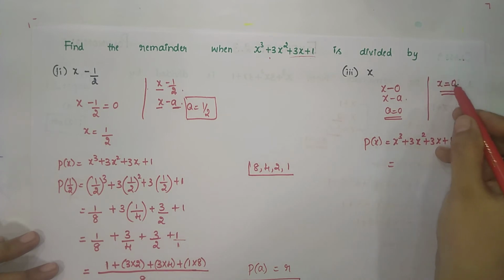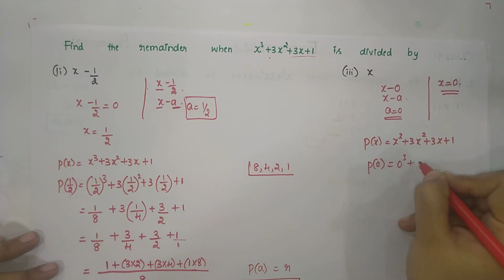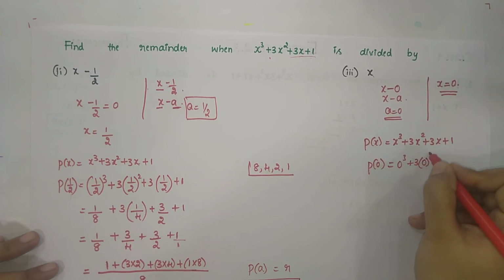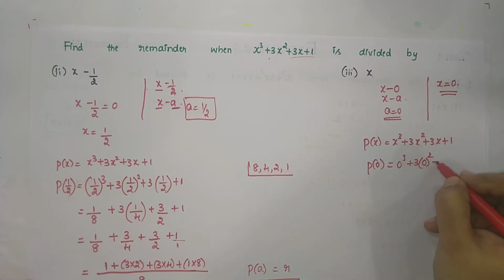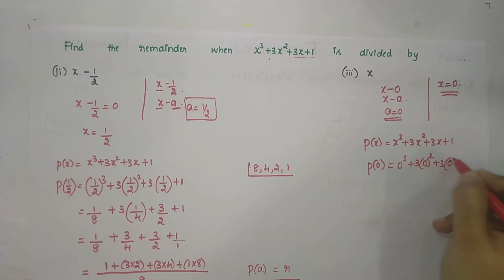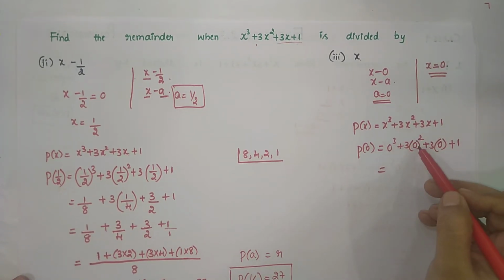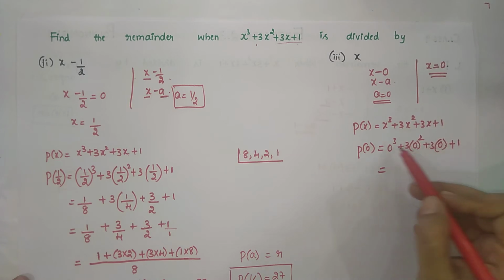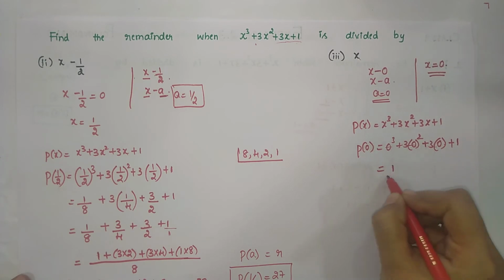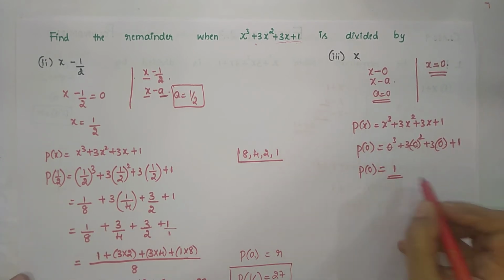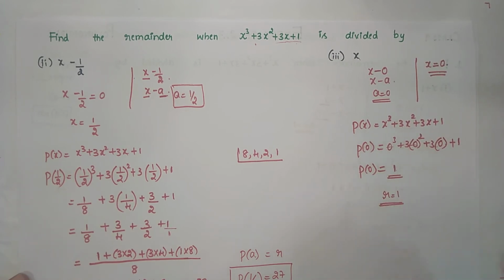So by replacing x with 0, we have p of 0 is equal to 0 cube plus 3 into 0 square, that is wherever x is there you have to replace that x with 0, plus 3 into 0 plus 1. 0 cube is 0, 3 into 0 square, 0 multiplied by any number is 0, so all these terms are 0, so the remaining value is 1. Therefore p of 0 is equal to 1. Therefore remainder is equal to 1.